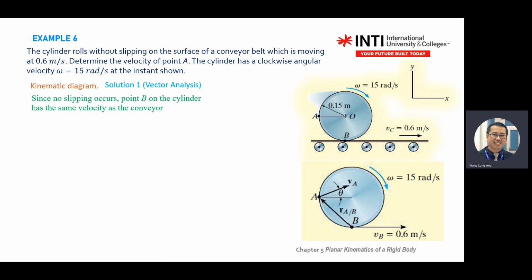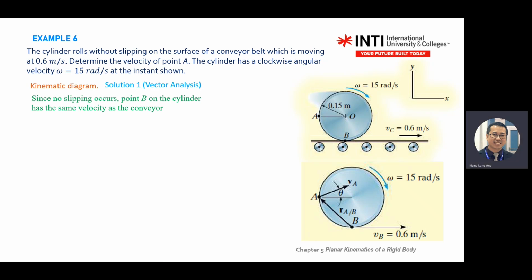You just focus on that point. When you draw the free body diagram, you need to pull out the whole object and draw it on your answer sheet. So point B and point A, and then VB is in the same direction as the conveyor. This is your V tangent at B.